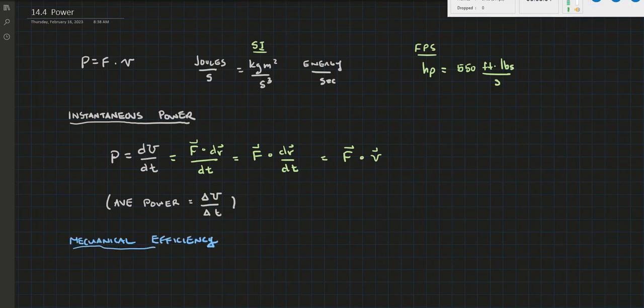One final term, let's introduce mechanical efficiency. So efficiency equals our power output divided by our power input.